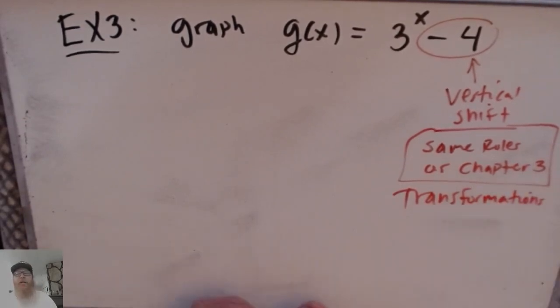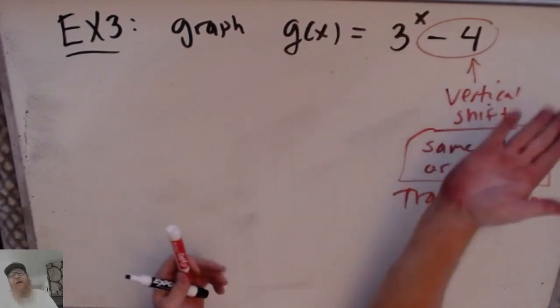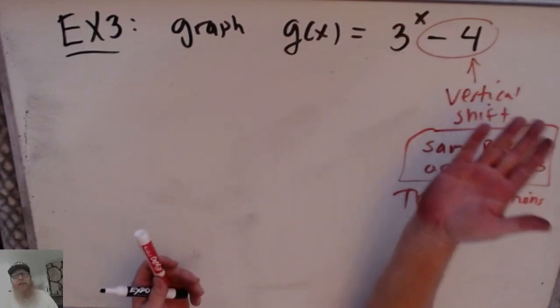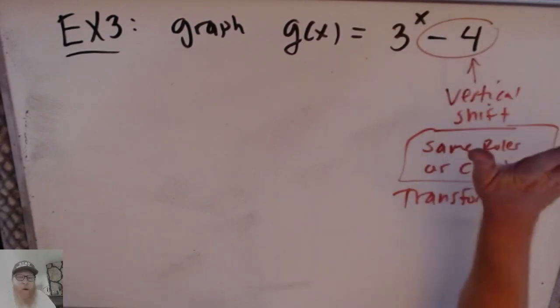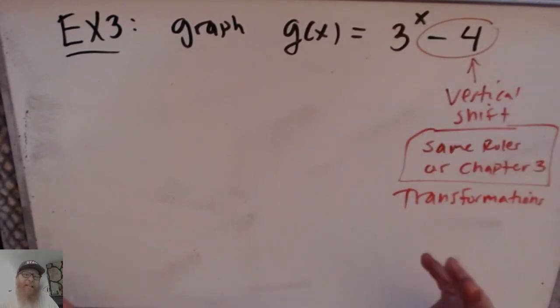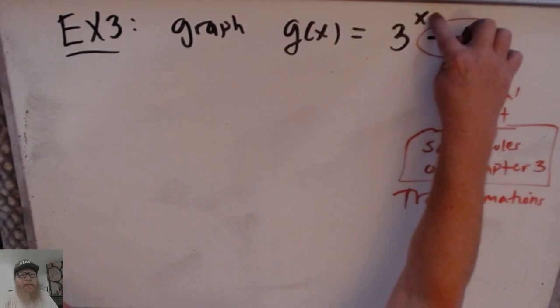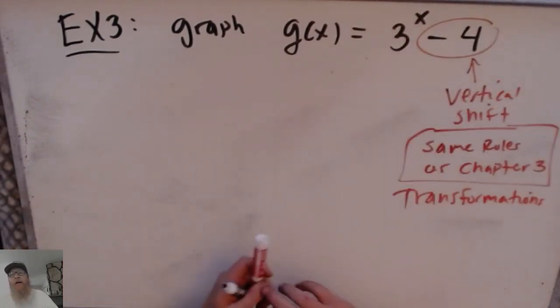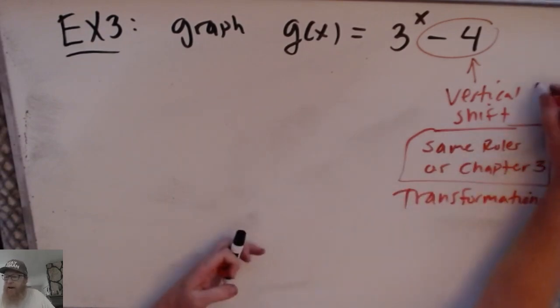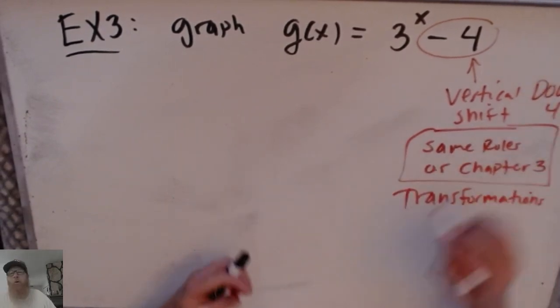The rules haven't changed. So anything on the outside is up and down, vertical. Anything inside the exponent, that's what we call the inside now, would be left and right. Anything on the outside would be up and down. So this is going to be down 4 units.